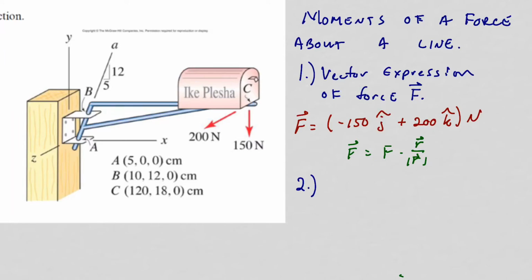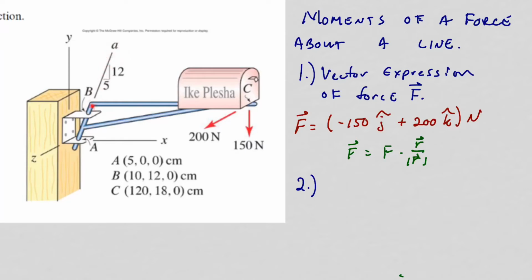Okay, so for the second step in this process, we need to find a position vector. R, of course, is our position vector from some convenient point P on the line to some point on the force's line of action. The only point that we know for the force's line of action is point C. The other one can be any point along this line.